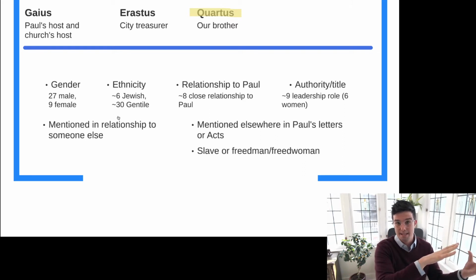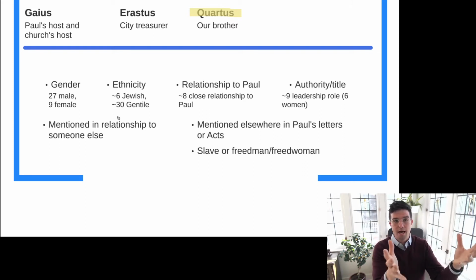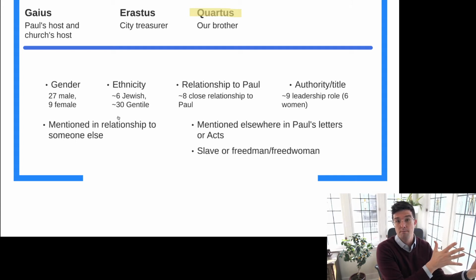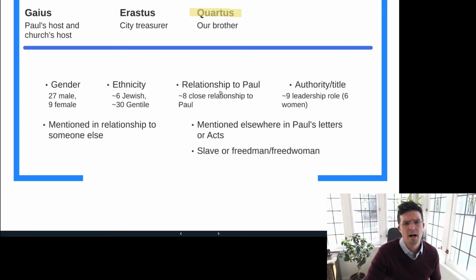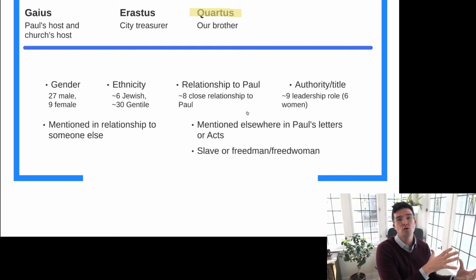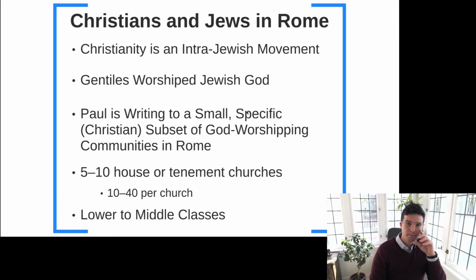So this goes back to the idea that we have a mostly Gentile audience, though with some Jews as a minority of the audience to Romans. And based on what Paul says about these different figures, 8 appear to be in a closer relationship to him, whereas the other 28 or so are more like acquaintances.